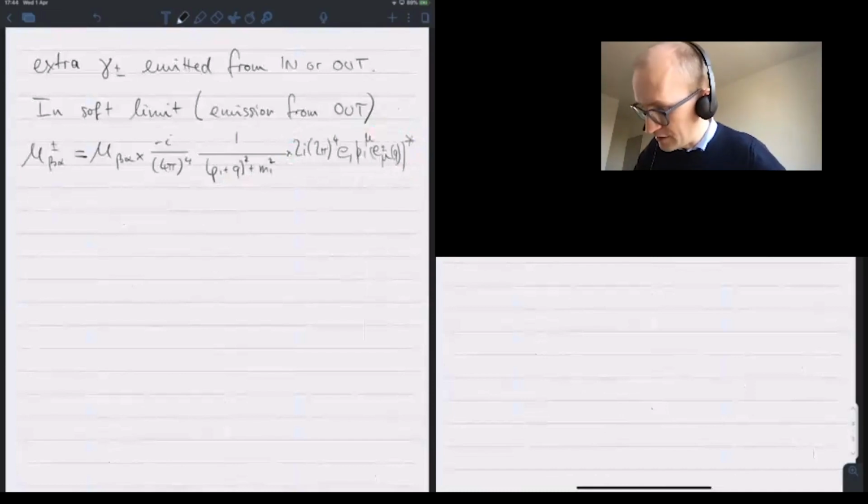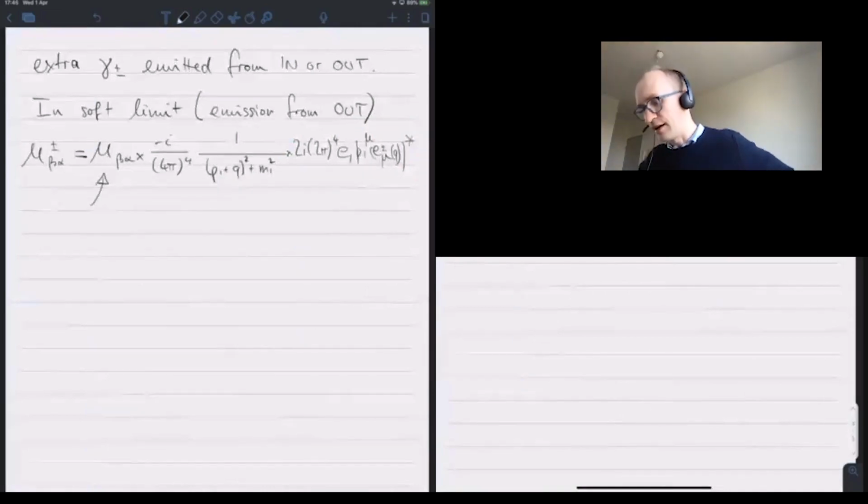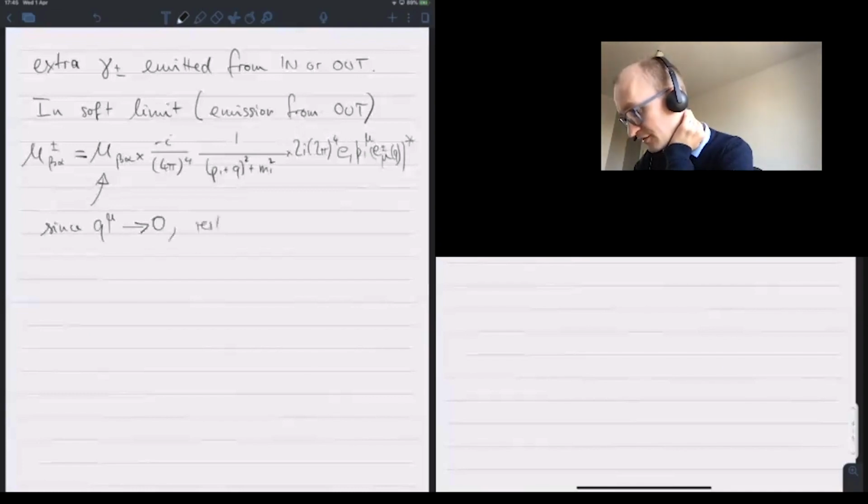Then let me say the last bit, which is that this is the process which is exactly the M beta alpha amplitude without the soft photon, and that's because we're looking at the limit that q mu goes to 0. Since that is going to 0, the rest of the process is the same.